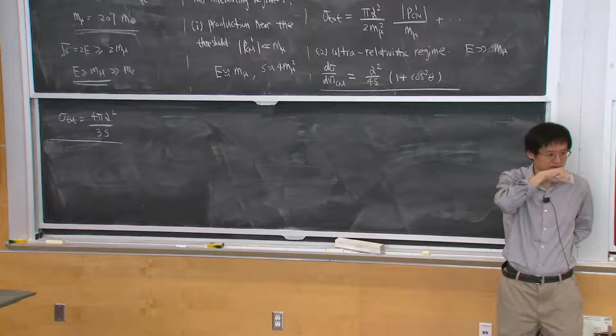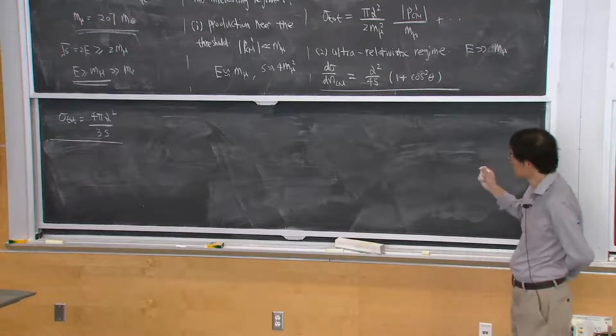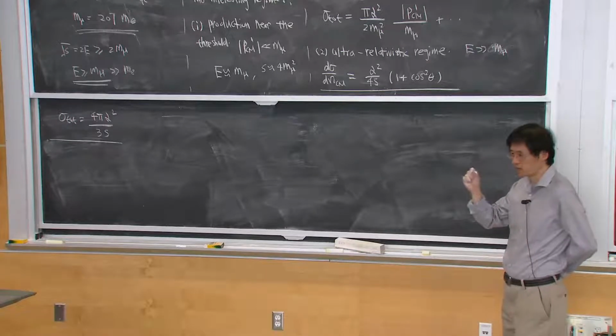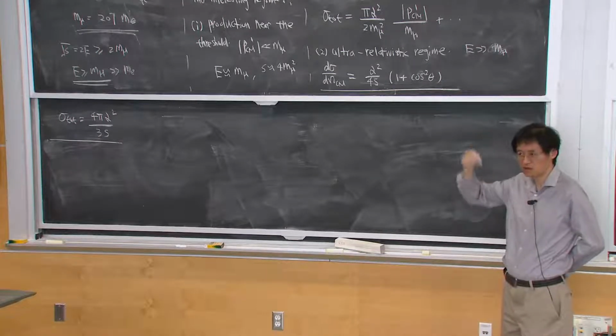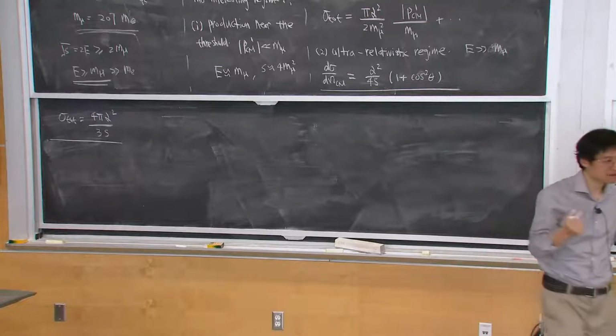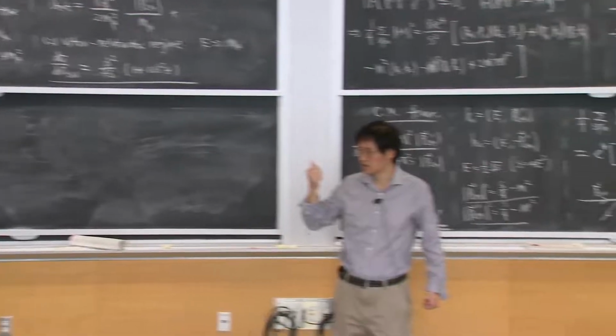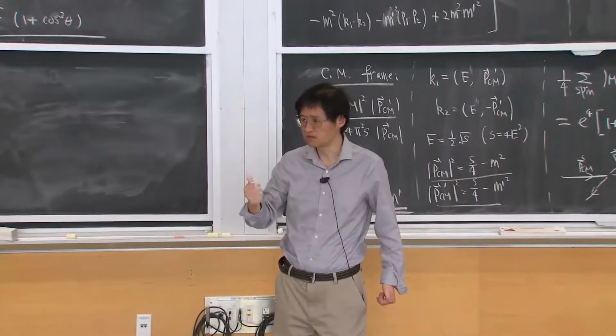dimensional ground. In the ultra-relativistic regime, you can neglect both the mass of the initial particle and the final product. If the initial particle is massless and the final particle is massless, then for this whole process, the only scale is what?